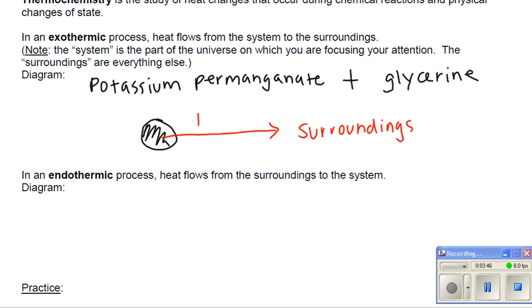So this is the flow of heat. Just like we said, in an exothermic process, it goes from the system to the surroundings. So in this situation, the surroundings, meaning the things outside of the chemical reaction, will feel hot.